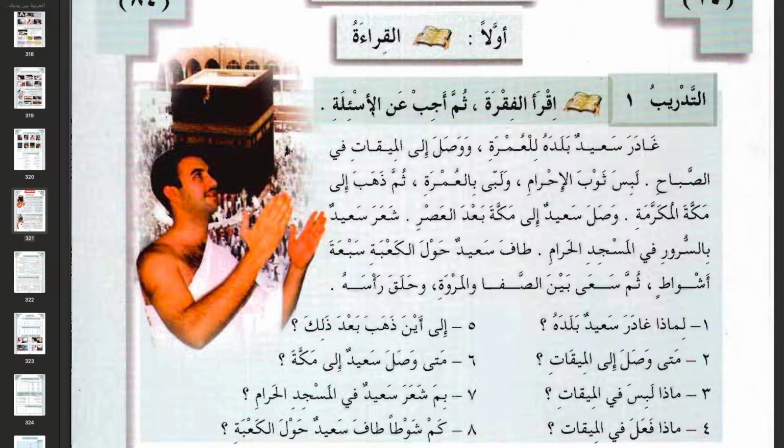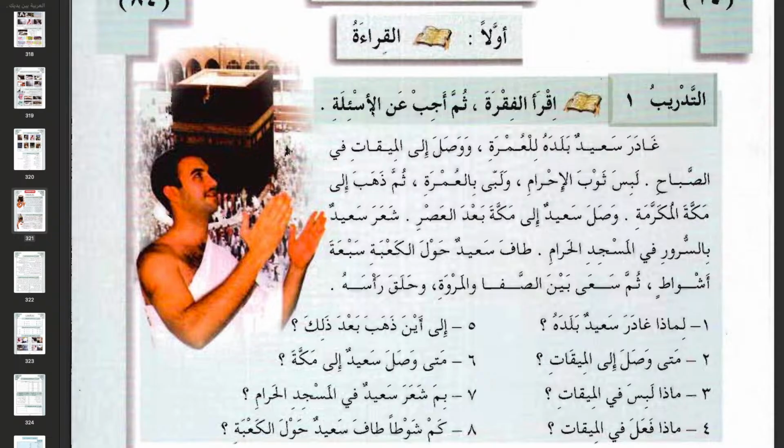What's the past tense for answer? He answered. Ajaba. Now, if you're going to say he answered the question, how are you going to say that? No, you got to think Arabic.